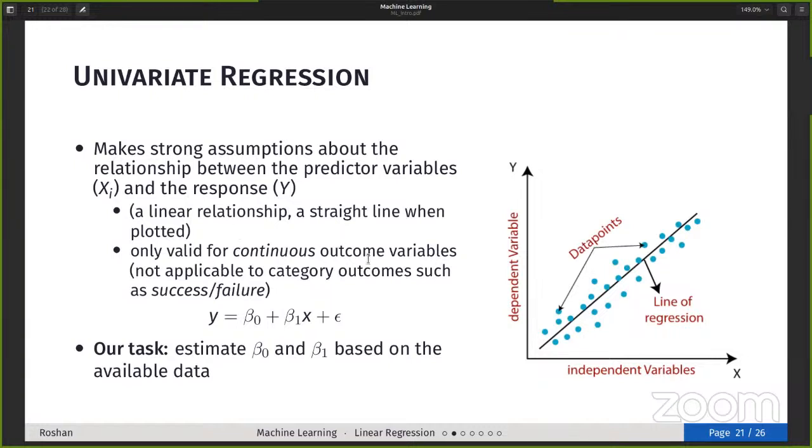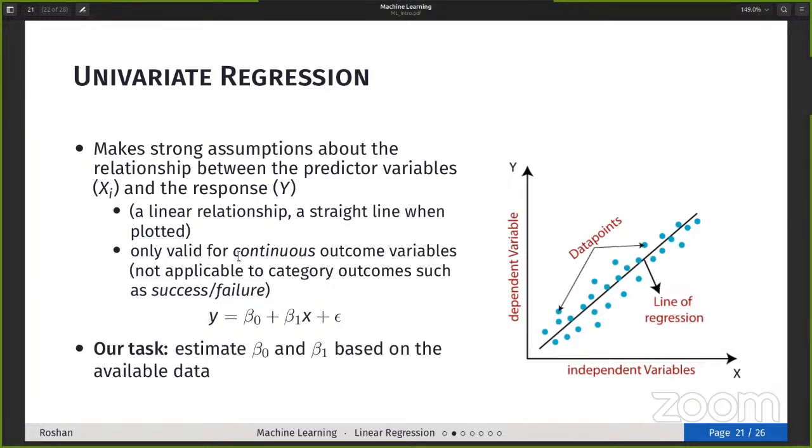What I ultimately want to do in linear univariate regression is get this line, and this is the equation for the line, where beta naught and beta 1, y is equal to mx plus c. So here, which is my slope and which is my intercept?